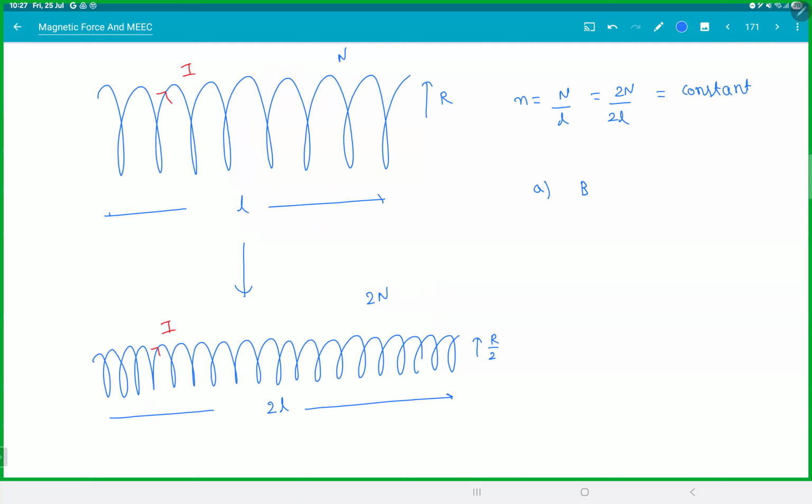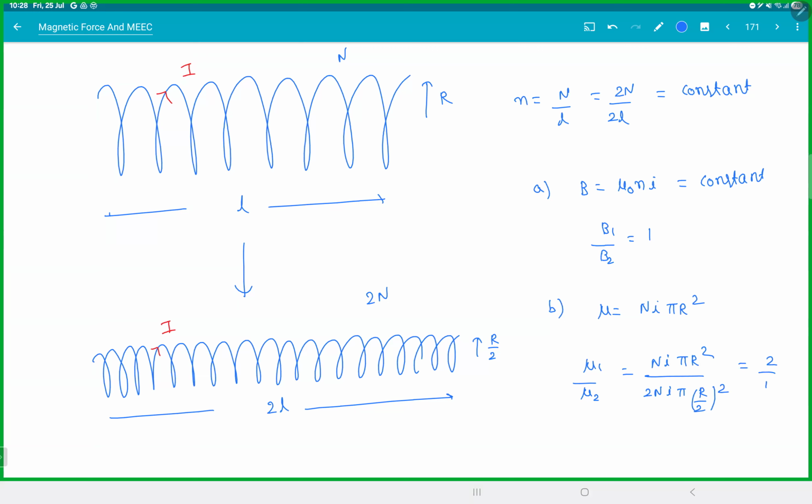So B is equal to mu naught n i. Mu didn't change, n didn't change, nothing changed. So B1 by B2 is 1. Second thing, the magnetic moment will be the number of turns. This is different. Capital N is the total number of turns, times area. So mu1 by mu2 is N I pi R squared. Here the number of turns became 2N, I, and this became (R by 2) squared.